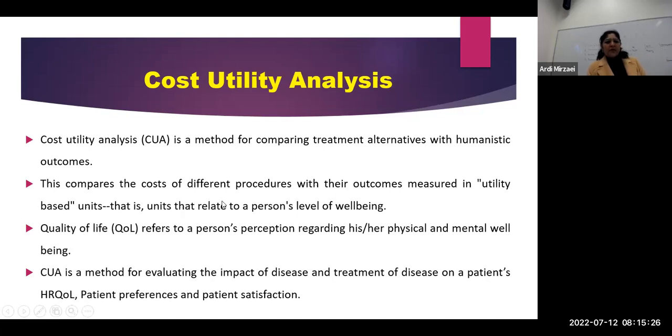So this compares the cost of different procedures with their outcomes. And here we have this quality of life that is coming in. Quality of life refers to the person's perception regarding his physical and mental well-being. And this cost utility analysis evaluates the impact of disease and the treatment of the disease on patients' health-related quality of life, we call.